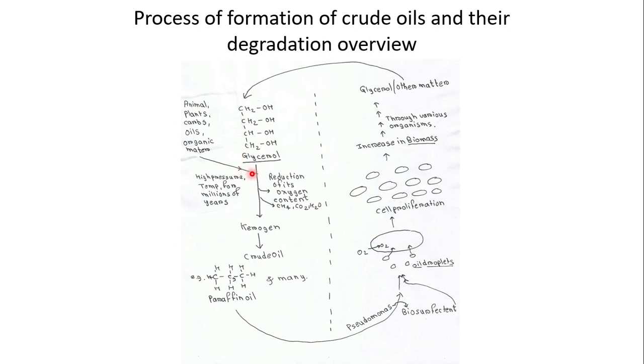So what happened millions of years ago is that these animals and plants, having many types of hydrocarbons, carbohydrates and various organic matter, got buried under the earth's crust or under some layers of earth. Due to this, these oils and this organic matter experienced high temperature and high pressure for millions of years.